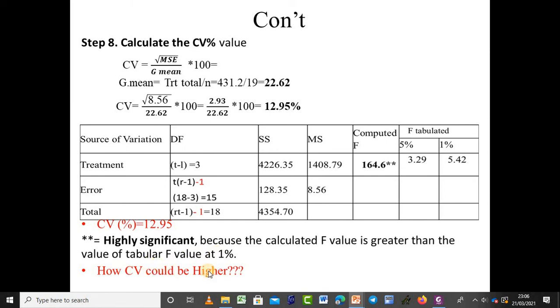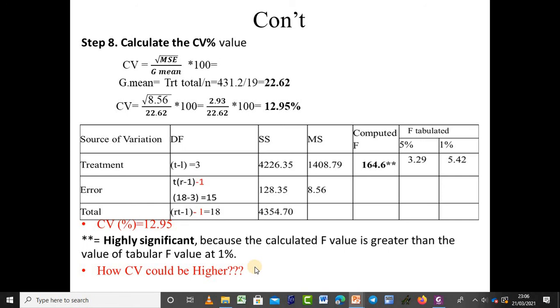How could the CV be higher? This is the big question asked here, because the 12.95% in laboratory experiments is too much and large. We know that in laboratory and greenhouse conditions, the external sources of variation are low, the rooms are homogeneous, and there is no higher variability in the environment when conducting the experiment.